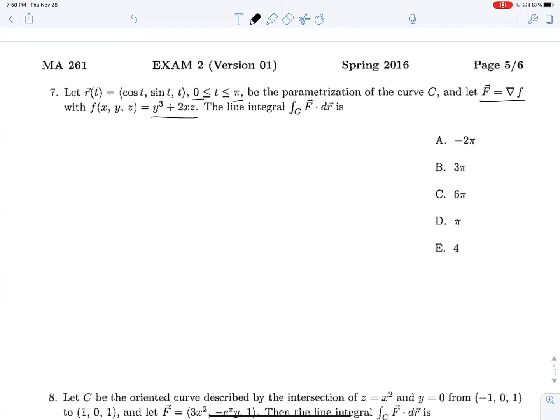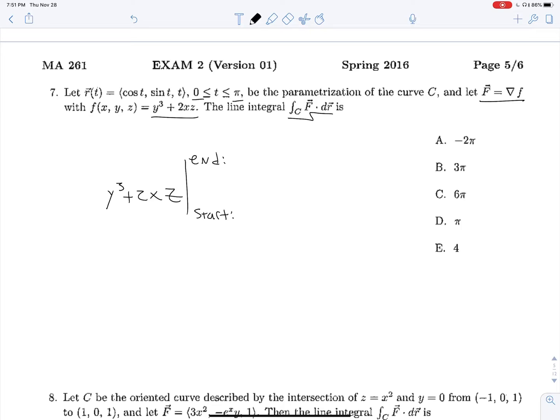But really, now we know that we can solve this with the fundamental theorem of line integrals, which tells us that if we have some potential function f, which we do right here, then instead of computing F dot dr, we can evaluate that potential function, which in this case is y cubed plus 2xz, on the starting position and our ending value, just like we would evaluate an integral, and we will get the value of this line integral F dot dr.